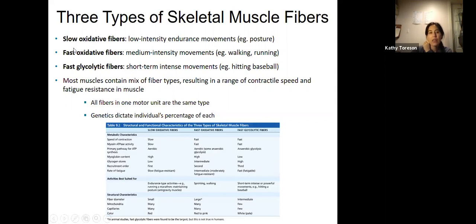If you break down what these words mean, it does make sense in terms of the types of movement that these fibers are responsible for. So high intensity movements that we don't need to do for very long can utilize fast glycolytic fibers.